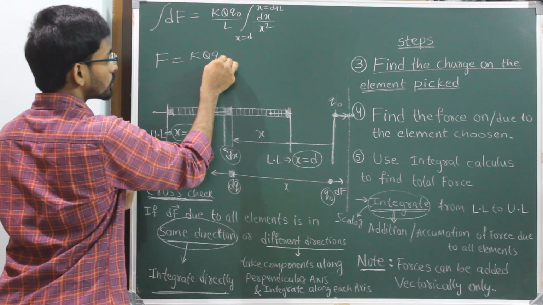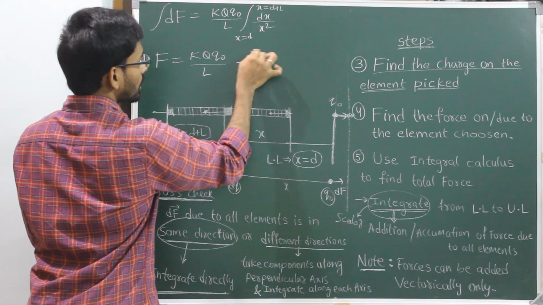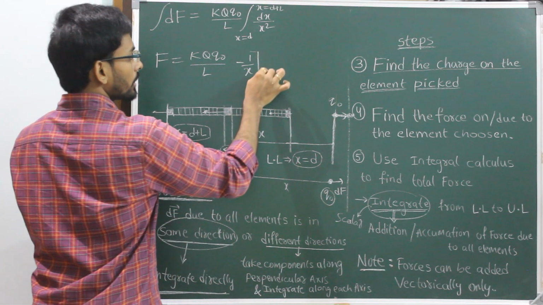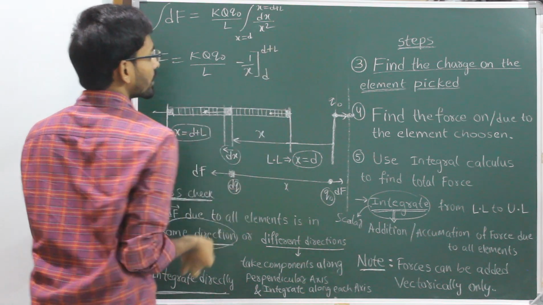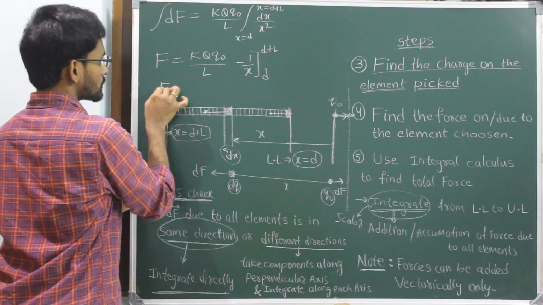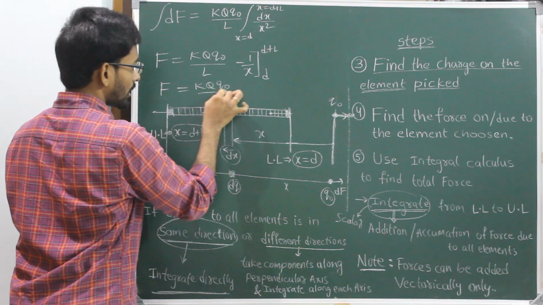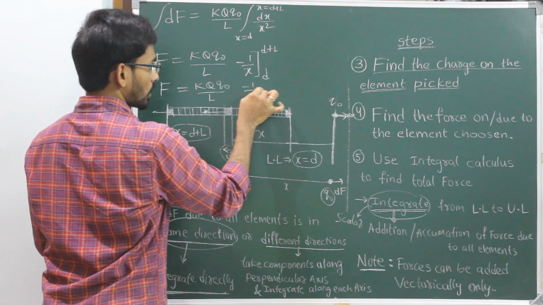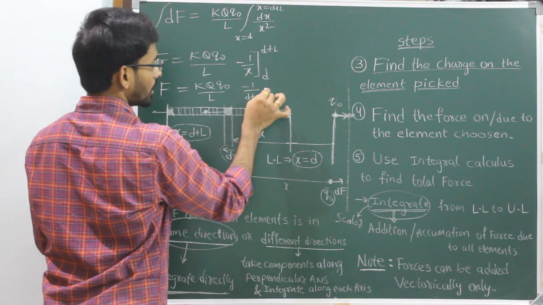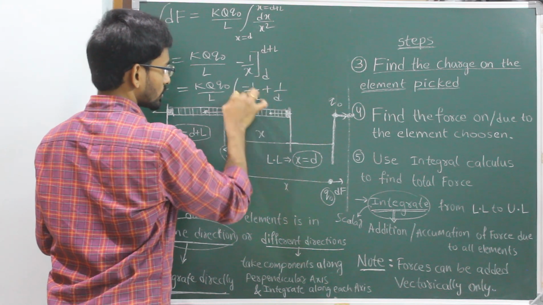So k into q naught by L, minus 1 by x, limits from d to d plus L. So from here we get F equals k q into q naught by L. If I substitute the upper limit, minus 1 by d plus L, plus, minus of minus will be plus 1 by d. So this is what you get.